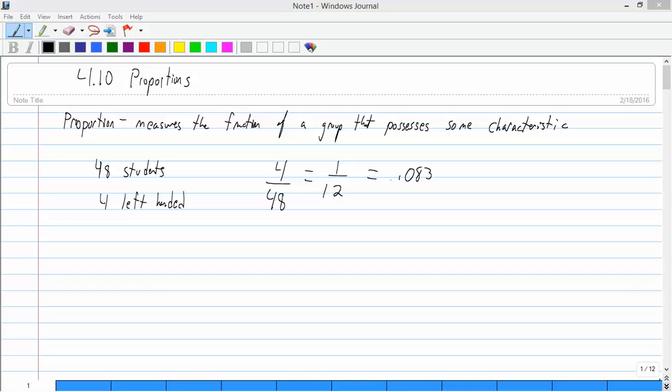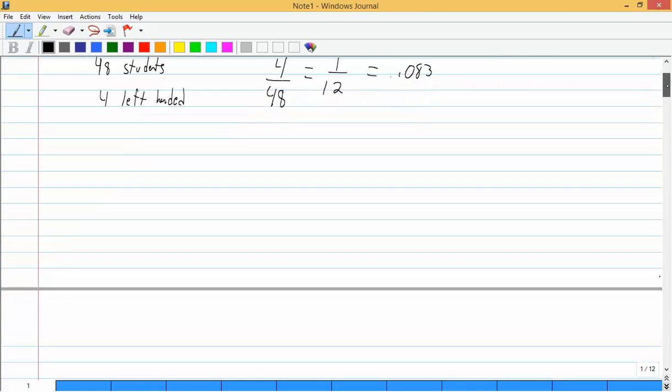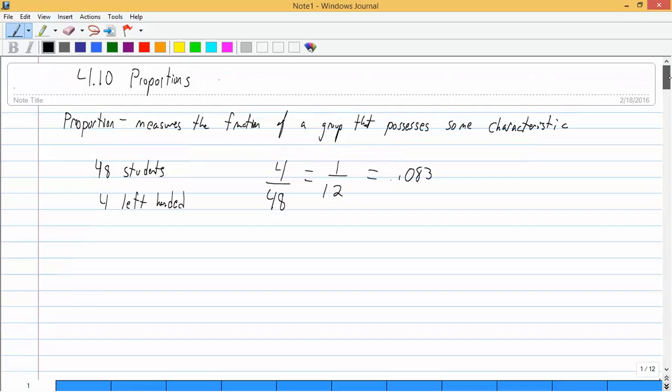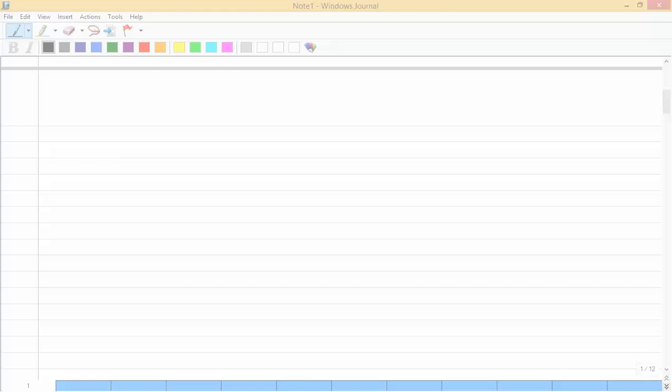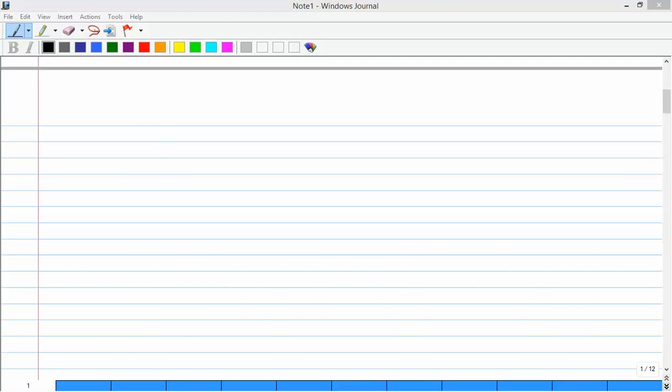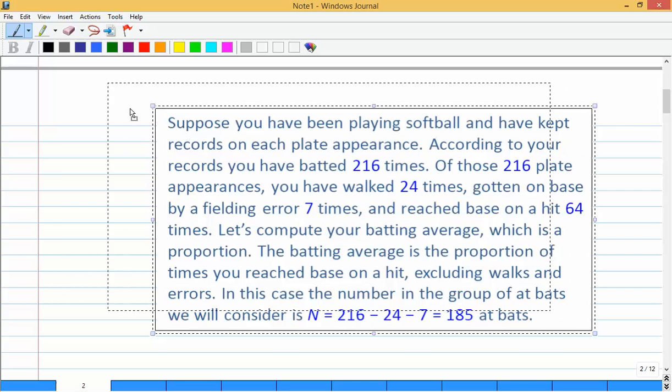Alright. With a lot of people probably in here playing sports, or maybe you're playing softball now, the next example is about softball, so let's take a look at that.